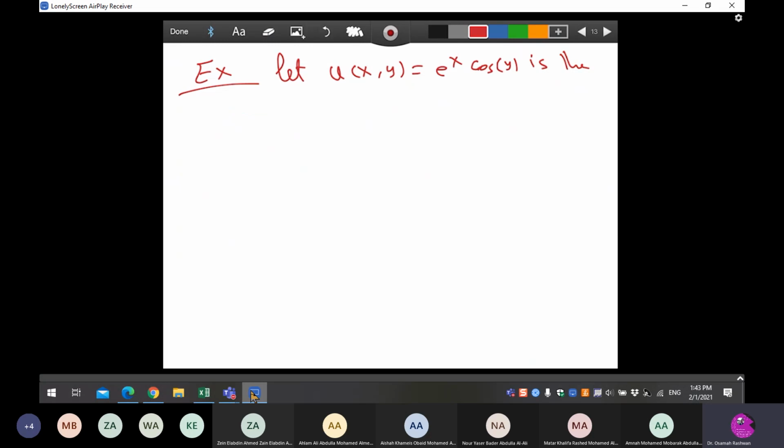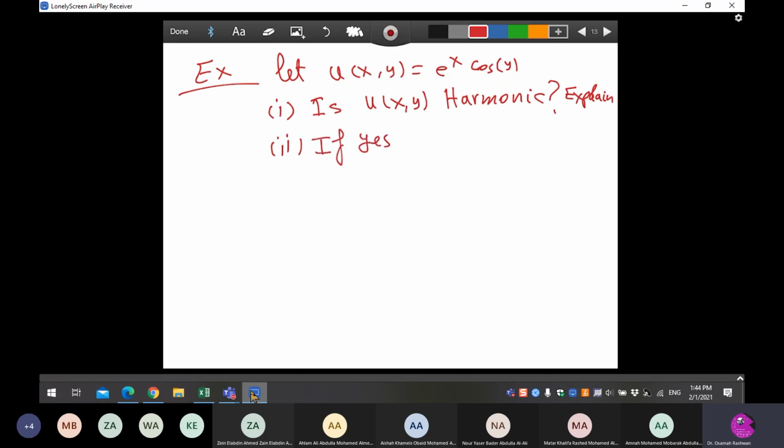Now what you need first is to check that u of x and y is harmonic, and if yes, find the analytic function f of z equal to u of x and y plus i v of x and y.